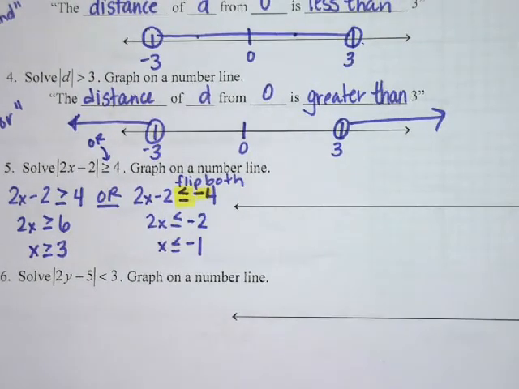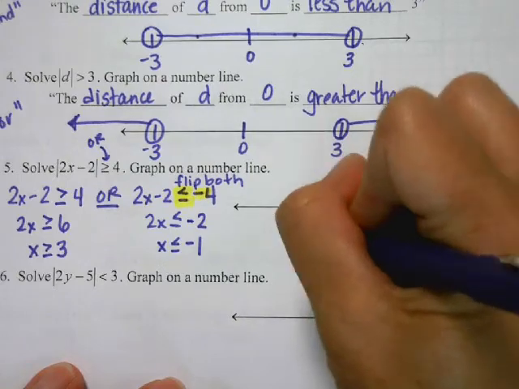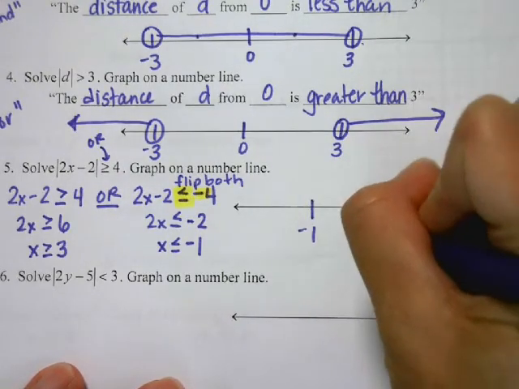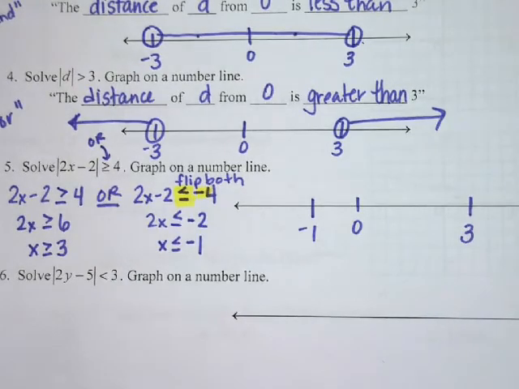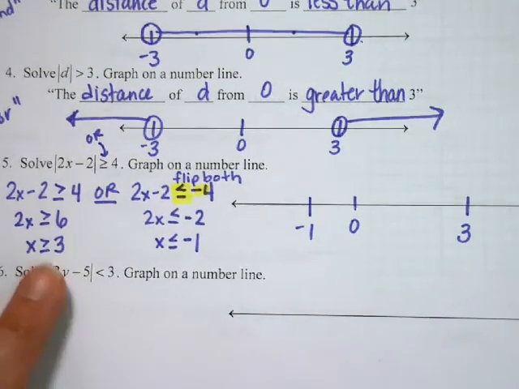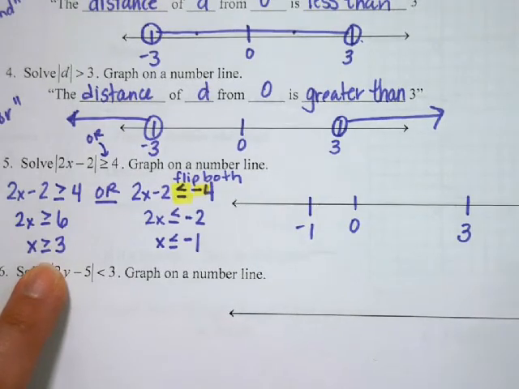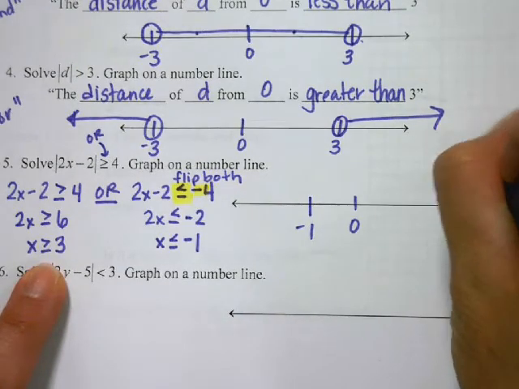Okay, my 2 numbers on my number line are negative 1. I'm going to throw 0 on there. And 3. The 3 has the equal to with it, so he's closed. So I have a closed dot on 3.